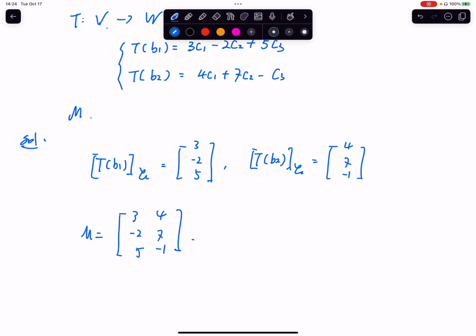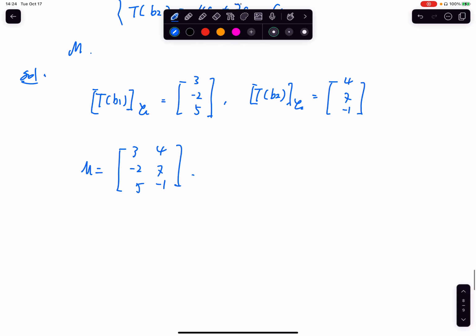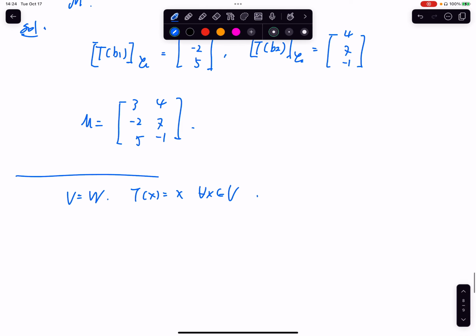If B and C are bases for the same space V, and if T is the identity transformation, namely V equals W in this case and T(x) equals x for x in V, then this matrix M is just the change of coordinate matrix.